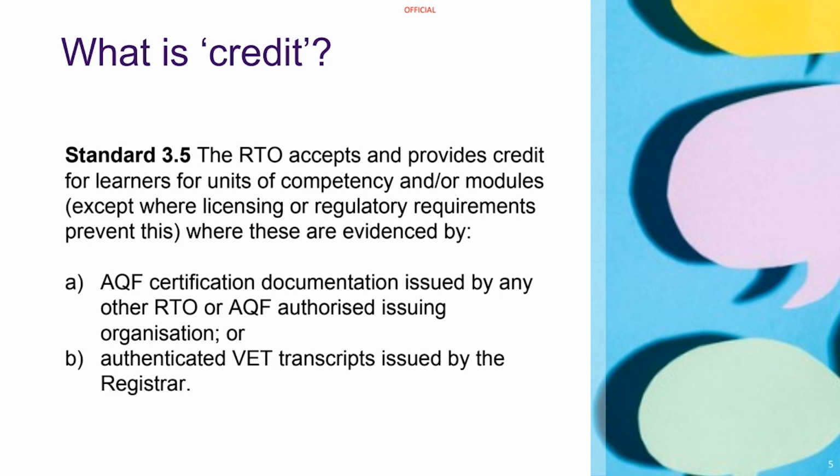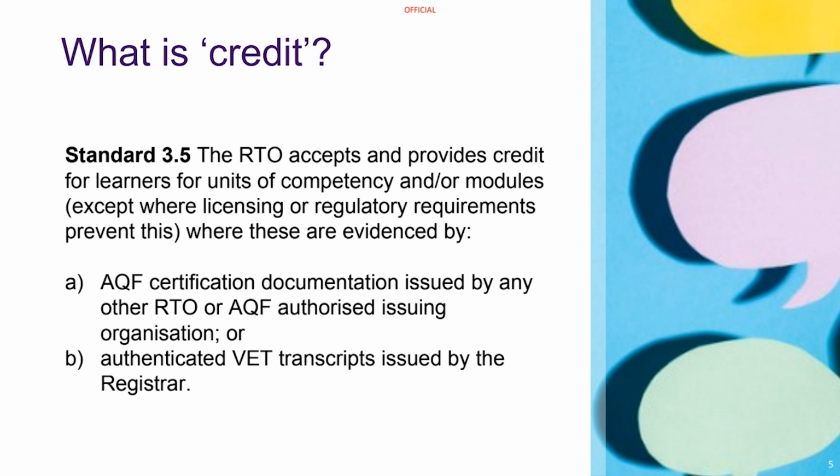So the first question really, and the obvious question, is what is credit? Basically credit is a process to meet current training package requirements with a previously achieved unit of competency or module. And those requirements could be a prerequisite, a core unit, or a named elective unit, but basically it's a way of enabling a person to utilize a previously achieved unit of competency as credit for a current training product requirement.